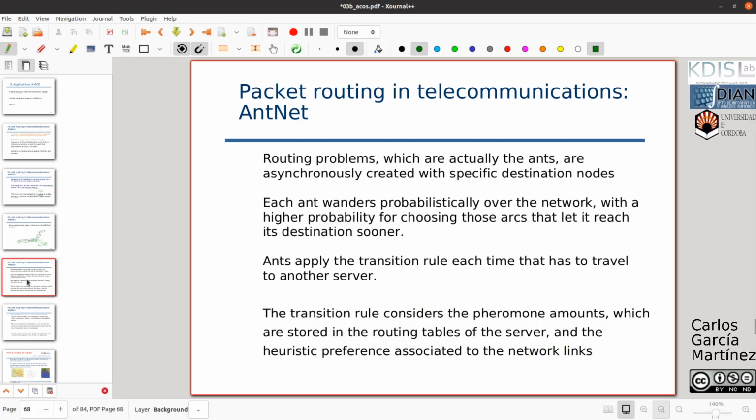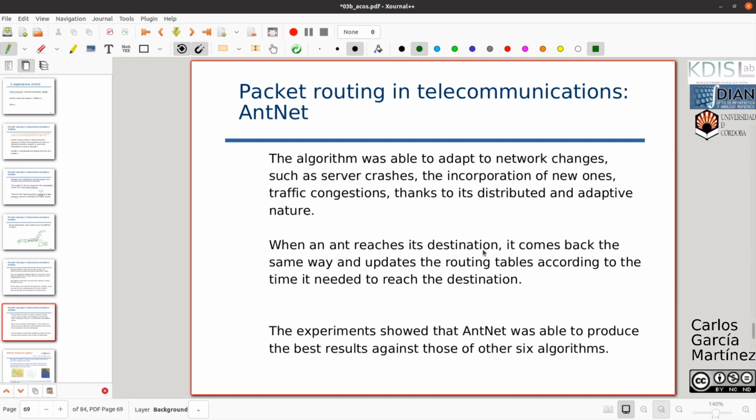Afterwards, when they reach their destination, the idea is that they come back the same way they have used to reach their destination, but they update the routing tables.